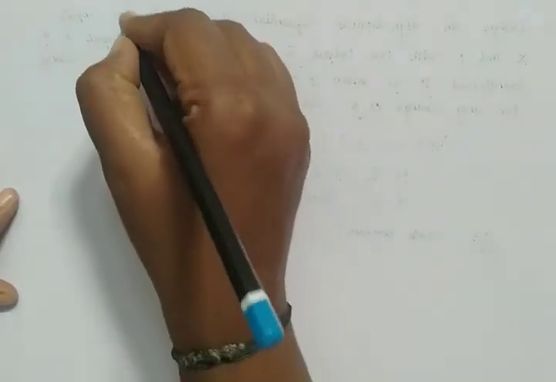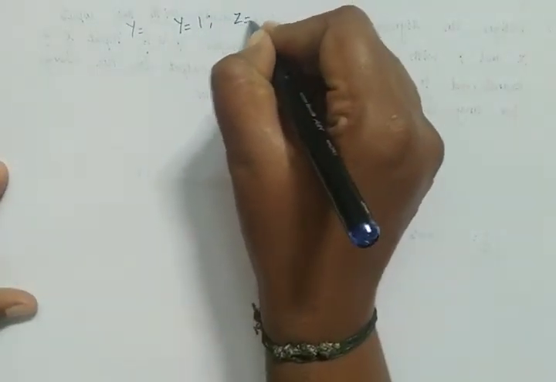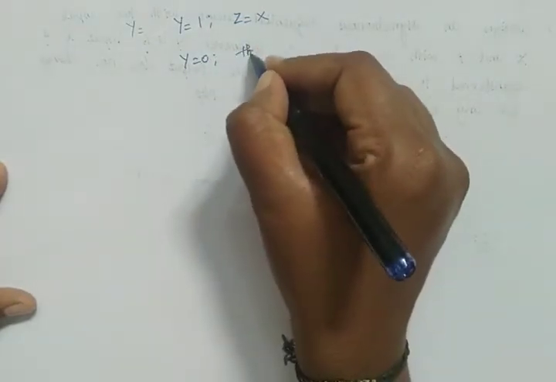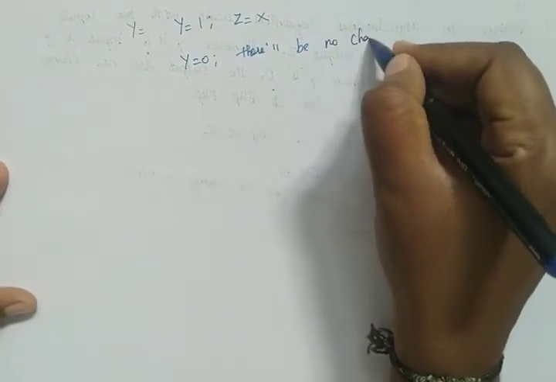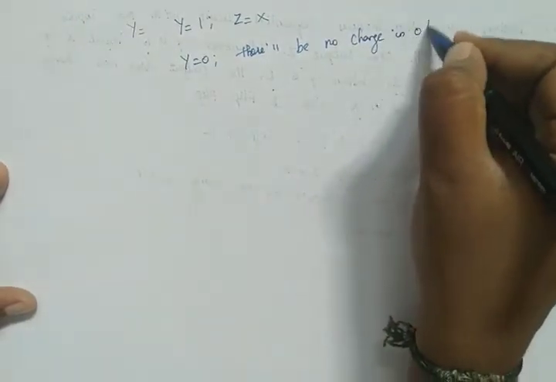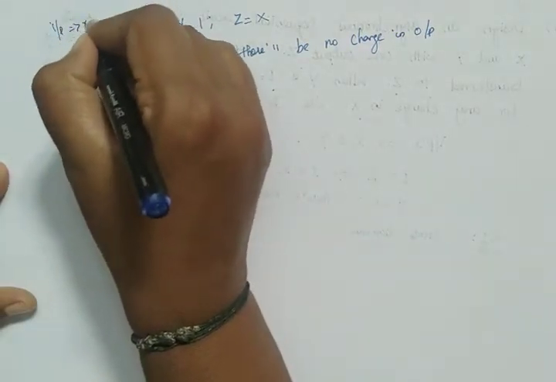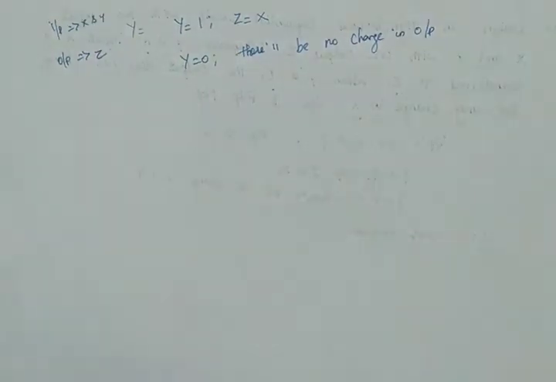If Y is equal to 1, Z is equal to X. If Y is equal to 0, then there will be no change in output. That's it. The inputs are X and Y and the output is Z. Now we have to draw the state diagram.